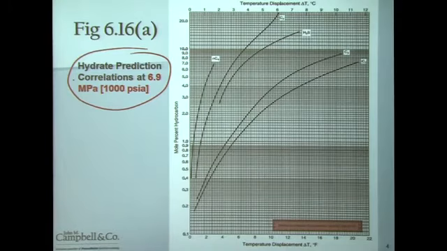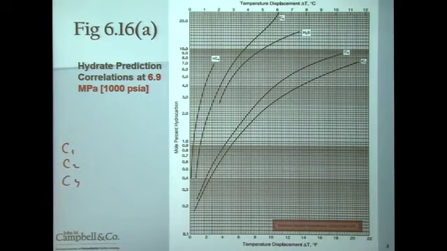If you have a natural gas stream at 69 bar, let's assume you have a composition of methane, ethane, propane, isobutane, normal butane, and C5 plus, and we'll make up a composition: 90 mole percent of methane, 3 mole percent of ethane, 3 mole percent of propane, 2 mole percent of isobutane, 1 mole percent of normal butane, and 1 mole percent of C5 plus.